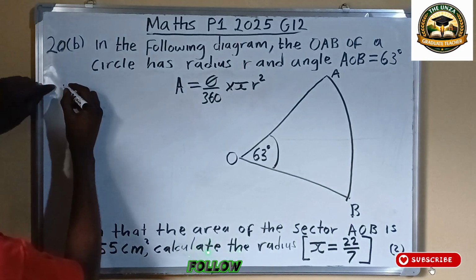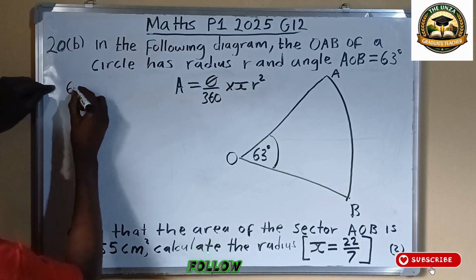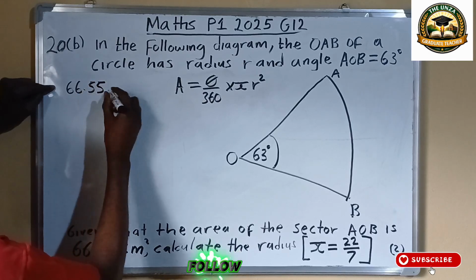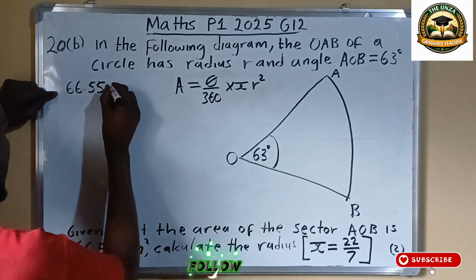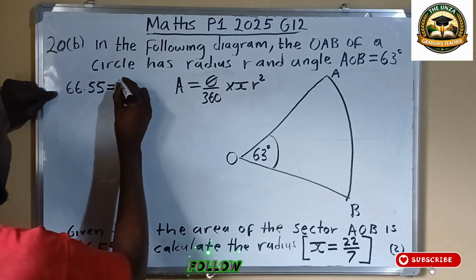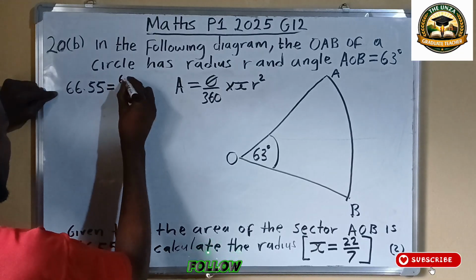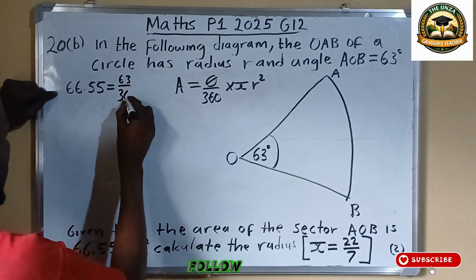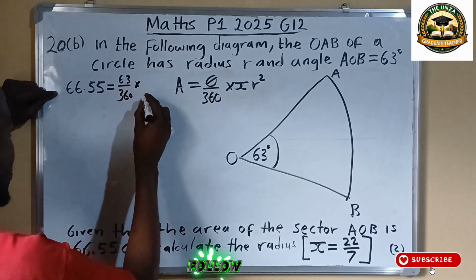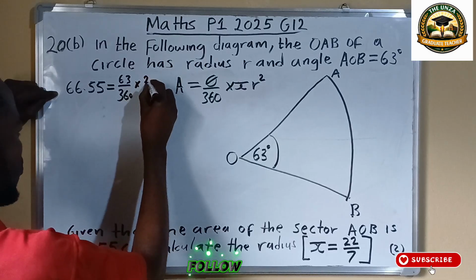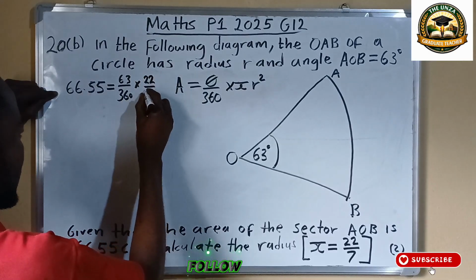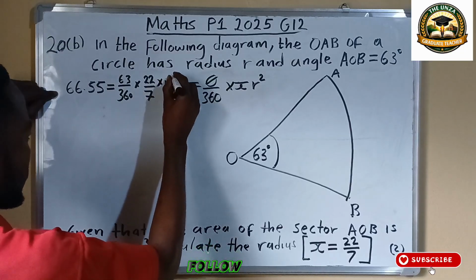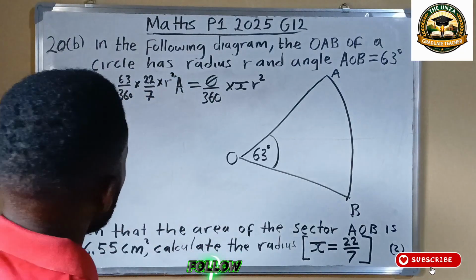So you say the question was saying area was 66.55, then you say equals theta, which is 63/360, multiplied by pi, which is 22/7, then multiplied by radius squared, r squared.